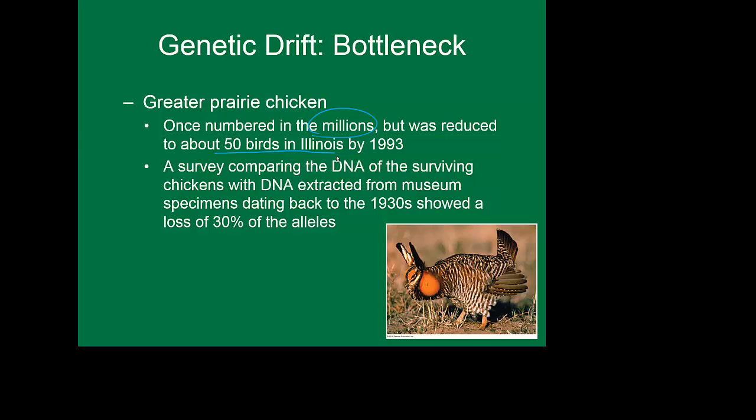So a population that went from millions to 50, that's a pretty significant bottleneck, right? They looked at the DNA of these surviving chickens, and it showed that they lost more than 30% of the original alleles in the population. So the original variability was decreased more than 30% through this bottleneck.